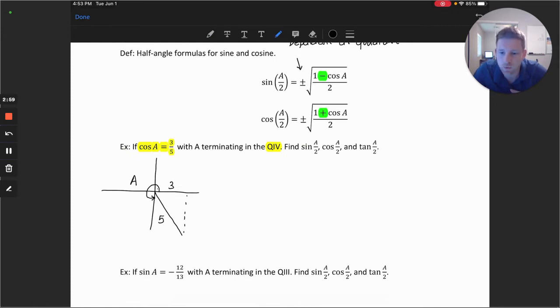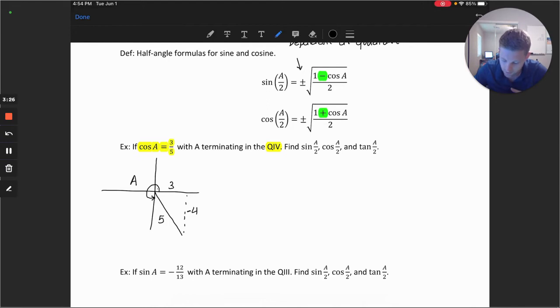This is another 3, 4, 5 triangle, so our opposite side will be negative 4. This one's nice. It gives us the cosine already to use. And so now all that we have to determine is whether this sine of A over 2 or cosine of A over 2 has the plus or the minus sign.